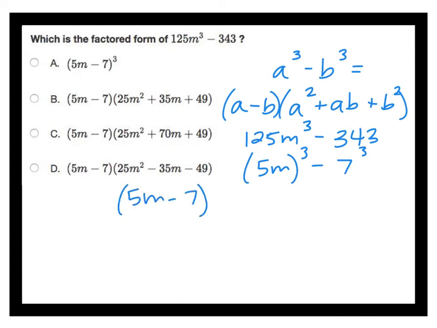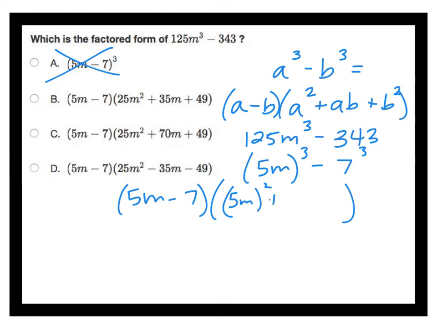Well, that doesn't help answer our question. They all have 5m minus 7. But we'll notice a definitely is wrong because that's not how you would multiply this out. It's got to be binomial, trinomial. Next, we're going to have 5m, but we're squaring that. That means we're squaring the 5 and the m. And you can see that, even if you didn't remember that, you can see that in your answers. Look, they all have 25, not 5.